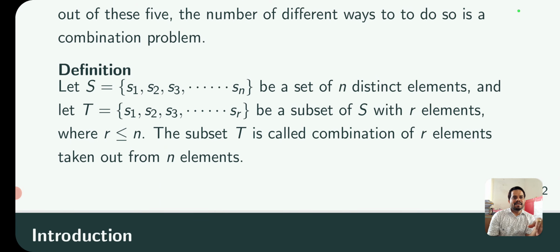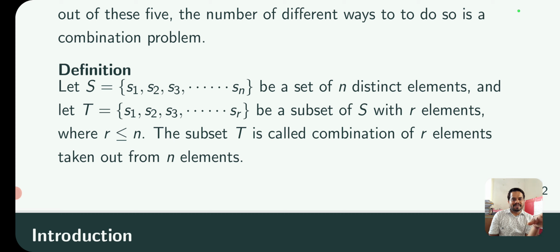Let S be the set of n elements S1, S2 up to Sn, and T the set of r elements, which is a subset of S. Obviously r is less than or equal to n. Then the subset T is called a combination of r elements taken out of n elements.